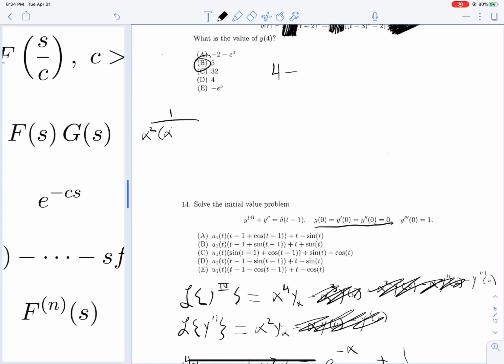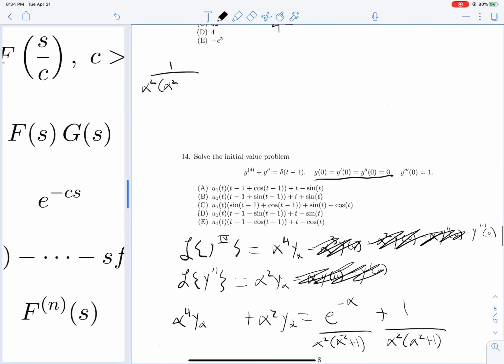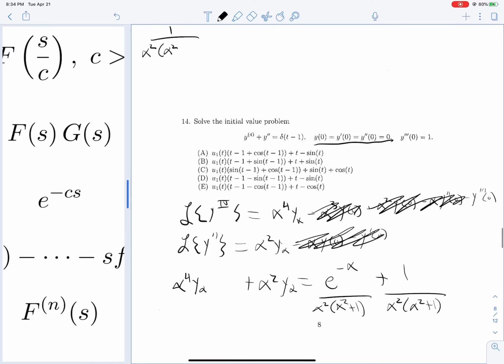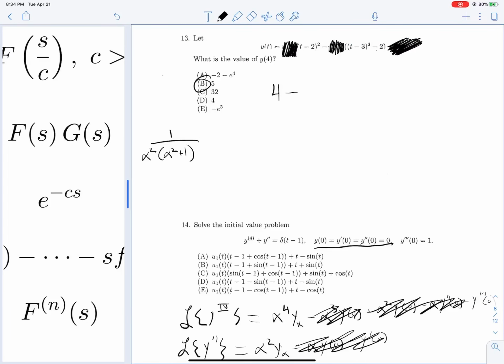Alpha squared plus 1 is equal to a over, oh no, wait, it's got to be a alpha plus b over alpha squared plus c alpha plus d over alpha squared plus 1. I kind of really dislike these partial fractions.